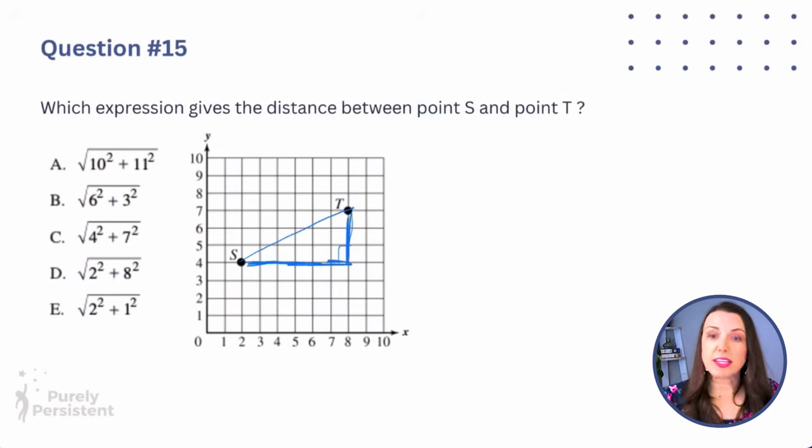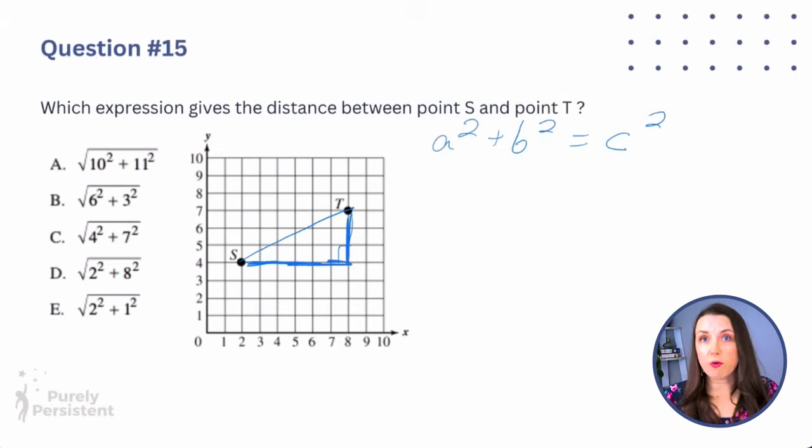So the Pythagorean theorem is going to be a squared plus b squared equals c squared. Okay, and so really what I'm looking for is the c. So I can figure out this point right here, S, the bottom point here, I can just add these up. So here's 1, 2, 3, 4, 5, 6. So that's a 6 right there. And then 1, 2, 3, and 3 right there.